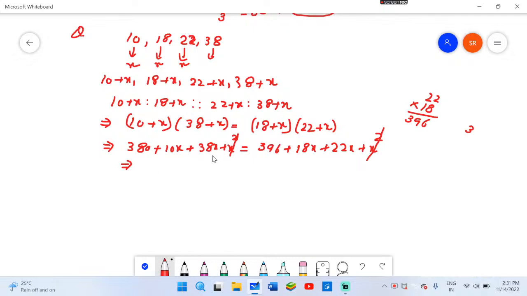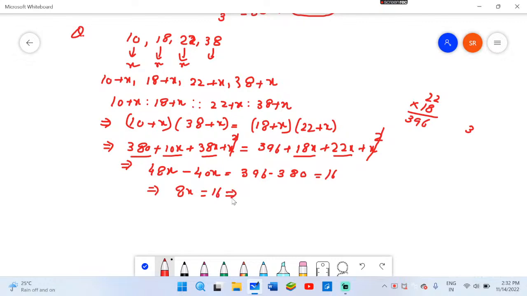So what remains? 38x plus 10x, 48x. Here 18x plus 22x, 40x. So 48x minus 40x equal to 396. Shifting it to the other side, minus 380. How much is it? 16. What remains here? 8x. So that gives me x is equal to 16 by 8.